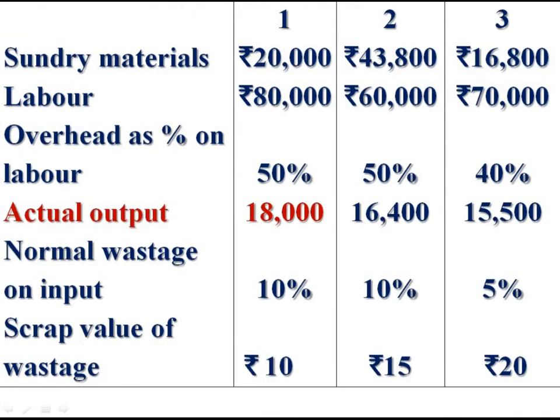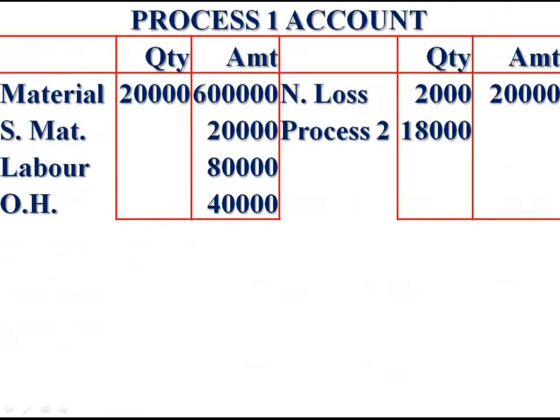We are given actual output of process 1, 18,000 units. This is to be credited by transferring to process 2 account, 18,000 units. See, in the debit side, input 20,000. In the credit side, normal loss 2,000. Transfer to process 2, 18,000. That is output.